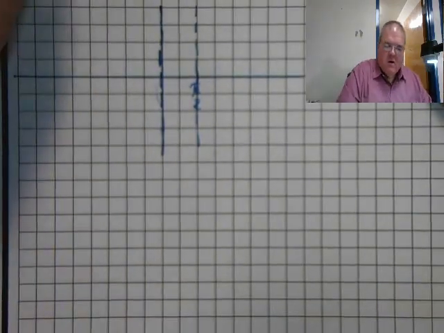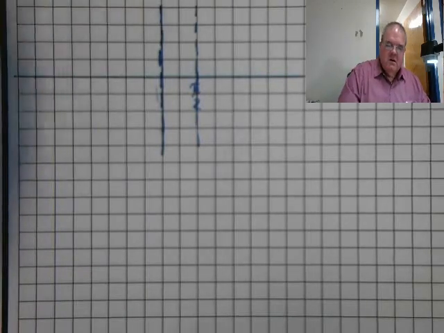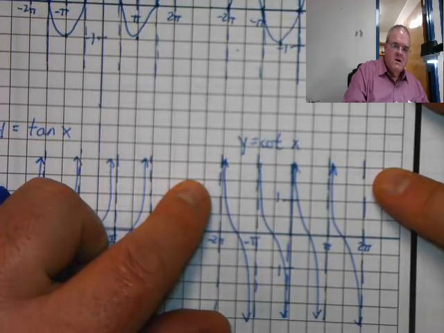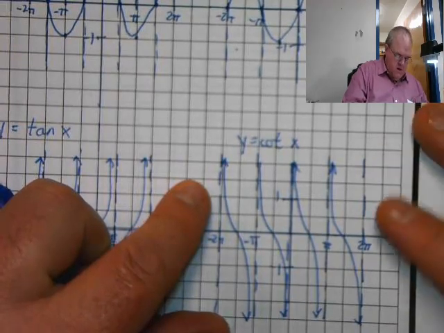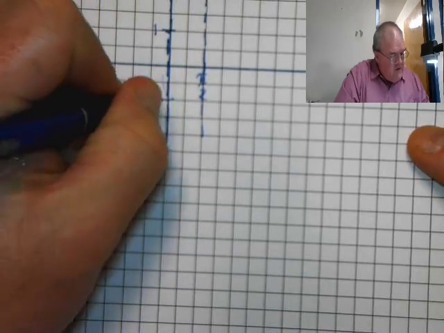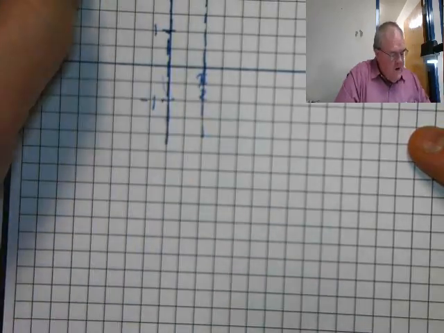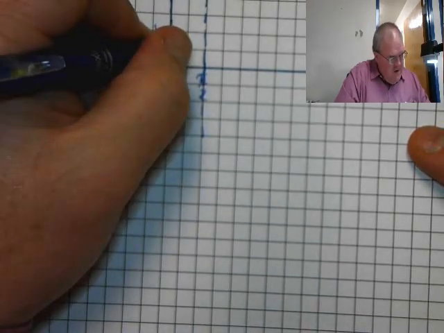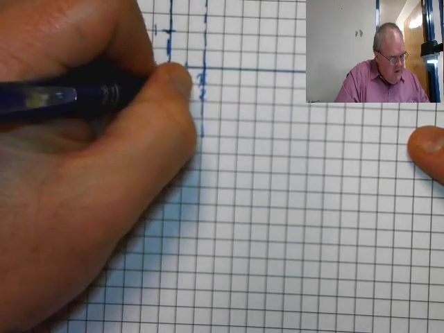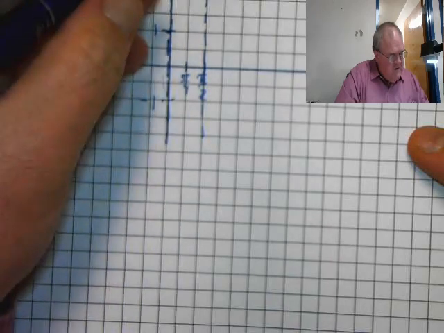Now, remember, cotangent looks like this. It looks like the negative of the sine. And so what we're going to have to do is, we're going to say that this is 1, this is -1. So we have 1/2. So we're going to divide this into 4 areas. So we got pi over 4. That's going to be where we hit 0.